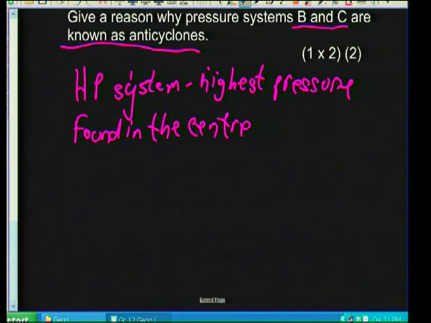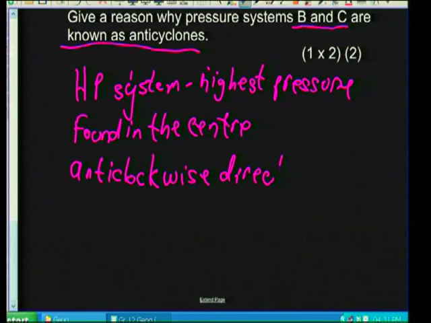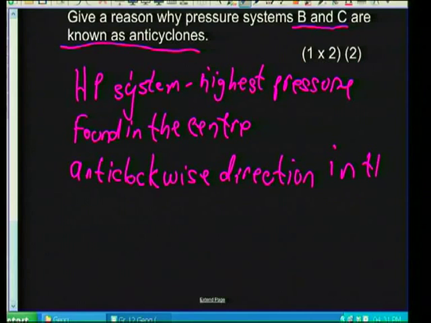I know this is a favorite one, and I want you to guard against this. It says it actually has air flowing in an anti-clockwise direction. And learners, quickly write this. Now please note, we need to emphasize the hemisphere, otherwise it's considered wrong. It's anti-clockwise in the southern hemisphere.